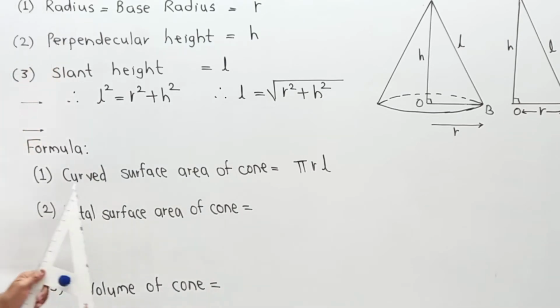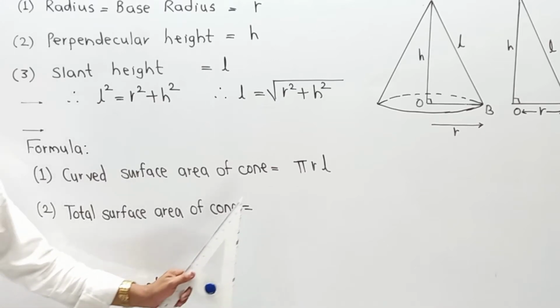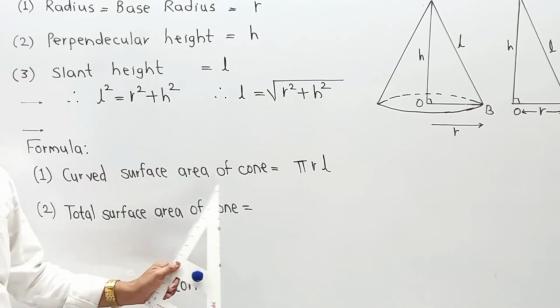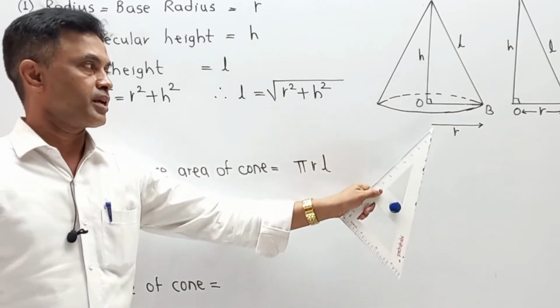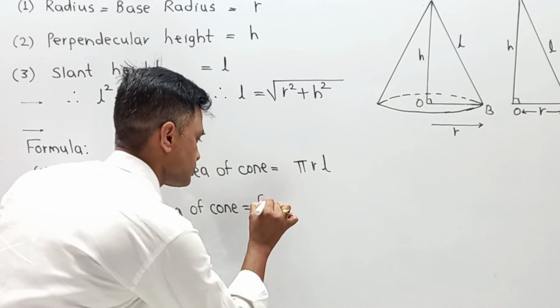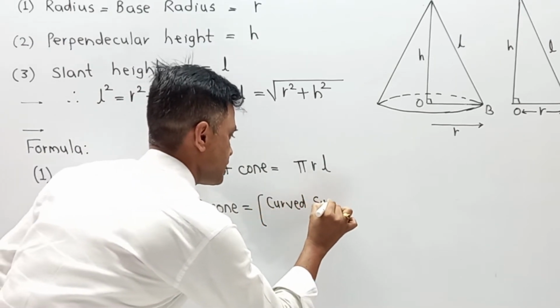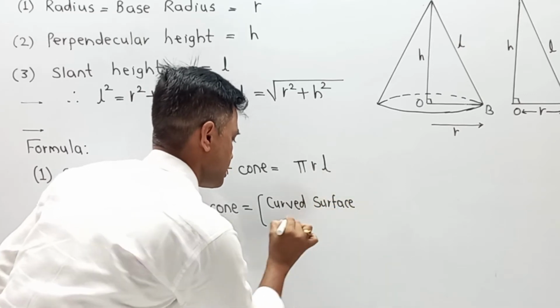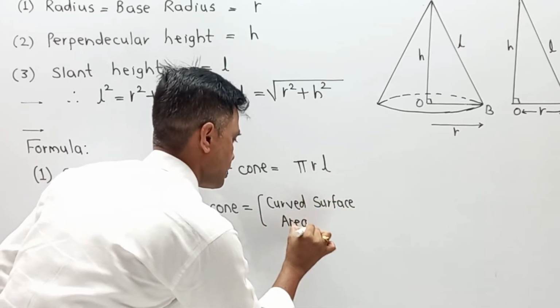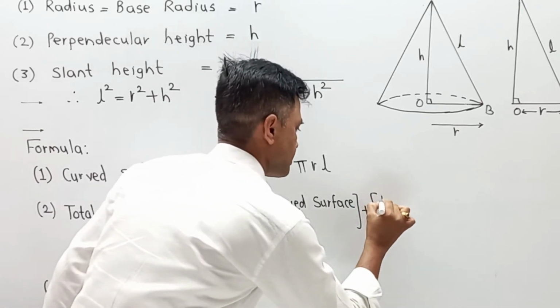Now, after curved surface area of a cone, there is a part called total surface area of a cone. So total surface area of a cone is nothing but curved surface area plus area of base circle.